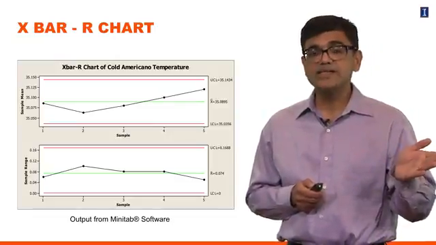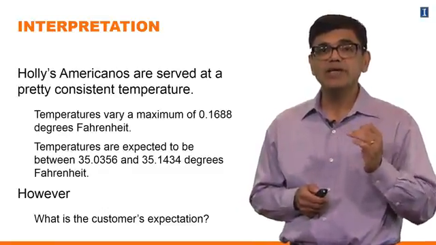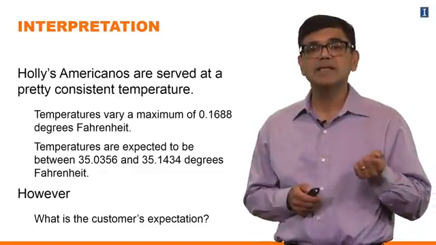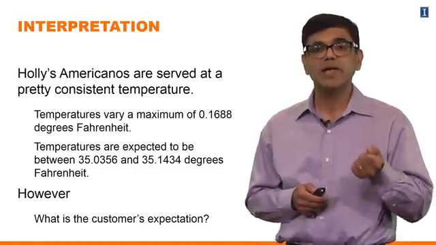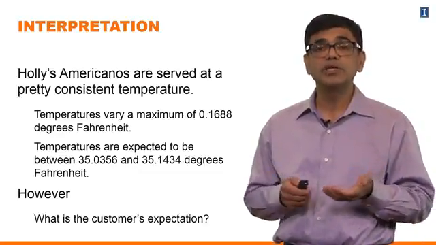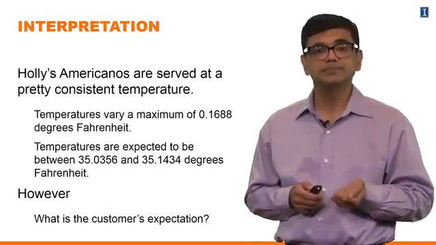What this is showing us is that Holly's process is pretty consistent, right? She's giving a pretty consistent temperature. The maximum that it varies is 0.1688 degrees Fahrenheit. The maximum of that range chart was 0.1688 degrees Fahrenheit, which is pretty good. The range is pretty small. It's between 0 and 0.1688, right?